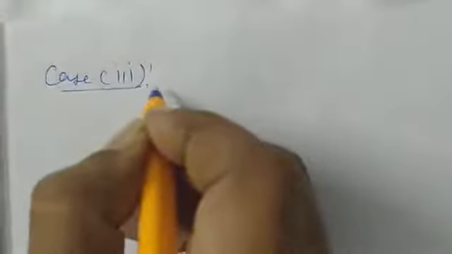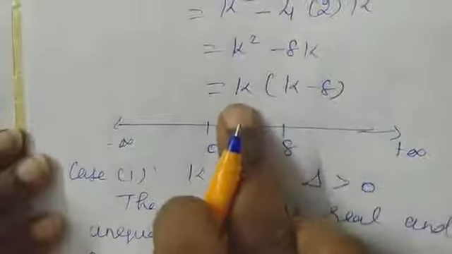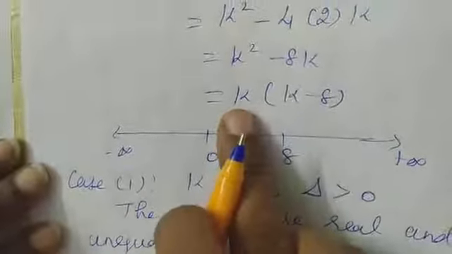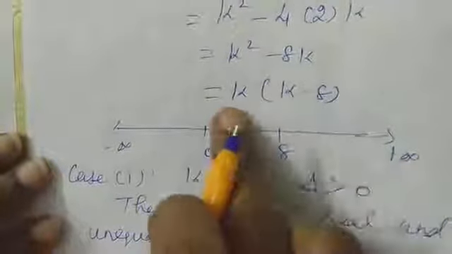Then we will go to case 3. Case 3 is the value of k is greater than 8. That is, k is greater than 8. K is greater than 8 means we can substitute k value as 9. 9 into 9 minus 8 is nothing but positive.